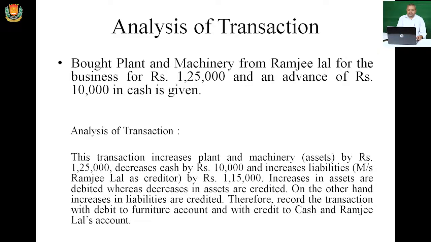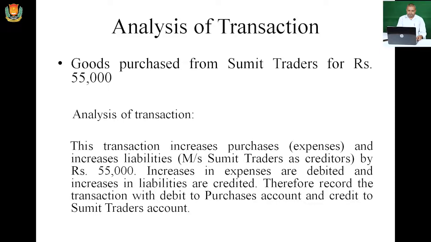Next transaction which we have taken is goods purchased from Sumit Traders for rupees 55,000. If we come to analyze this transaction, we find that this transaction increases purchase and increases liabilities because cash has not been paid to Sumit Traders.